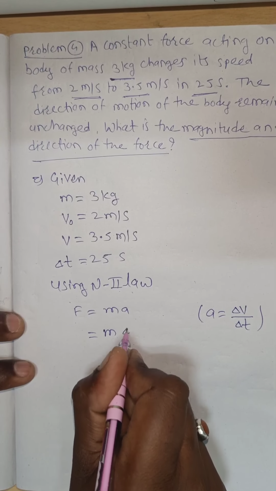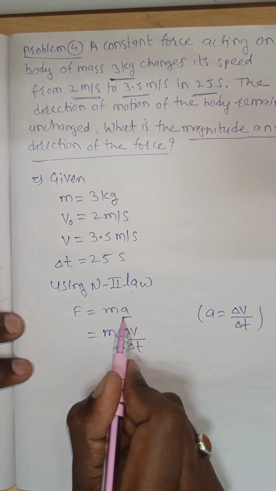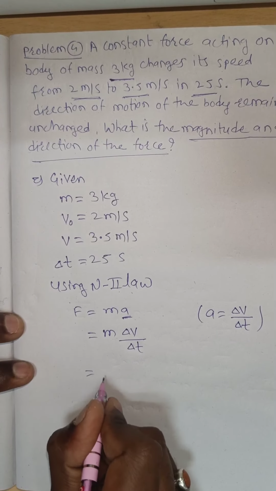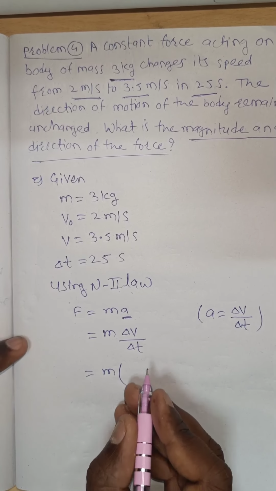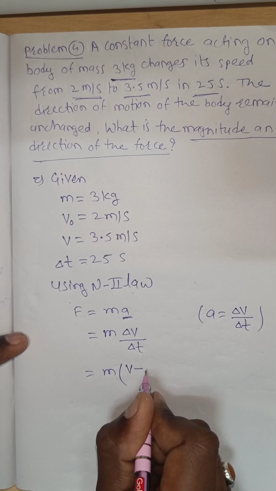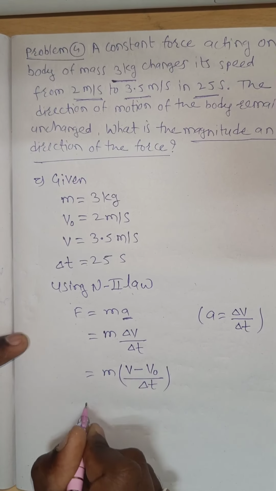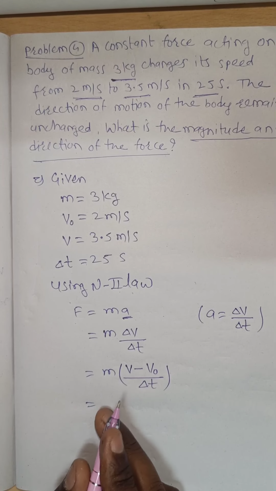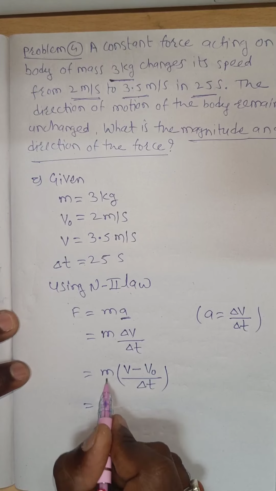Therefore, force is m into delta v divided by delta t. Then delta v is nothing but the final velocity minus initial velocity, v minus v0, divided by delta t. Then we have to substitute all those values and find out the magnitude of force.